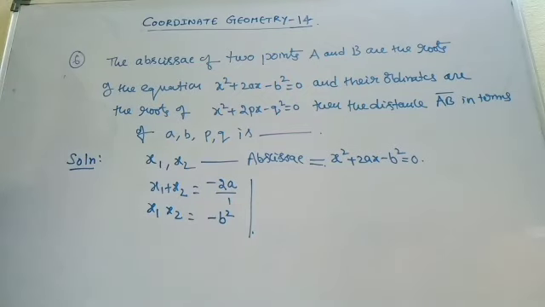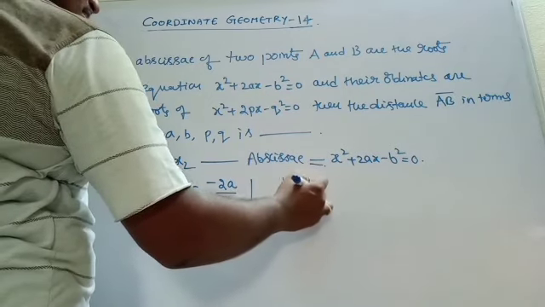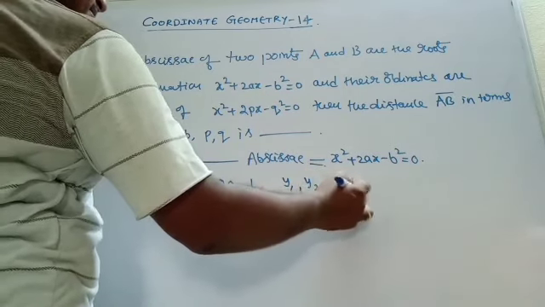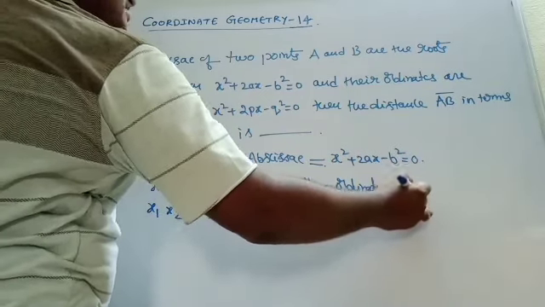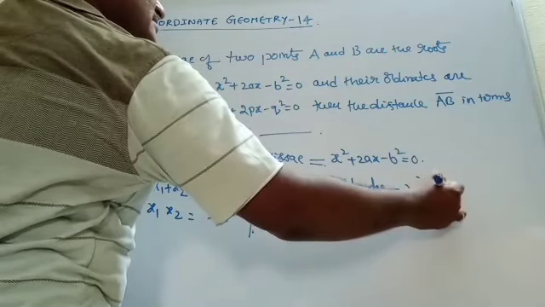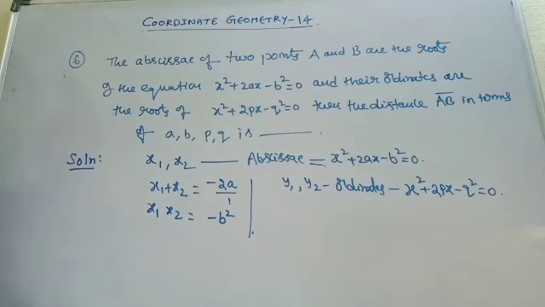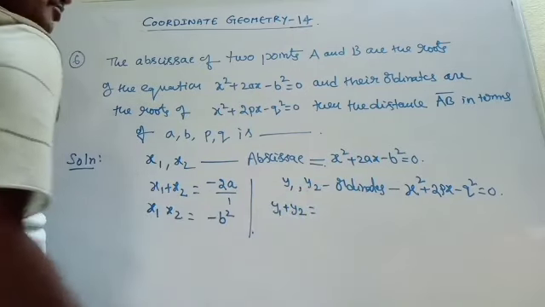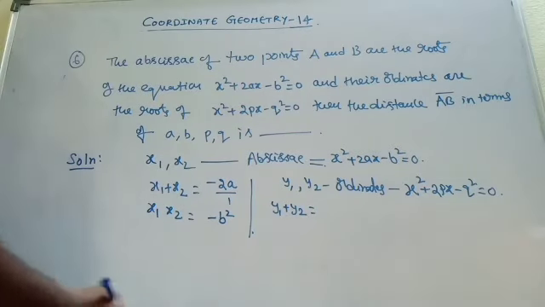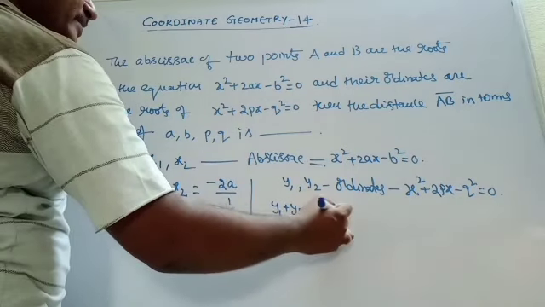In the same way, my dear students, y1 comma y2 are the ordinates of x square plus 2px minus q square equal to 0. That means the sum of the roots y1 plus y2 is equal to minus b by a, that means minus 2p by 1.